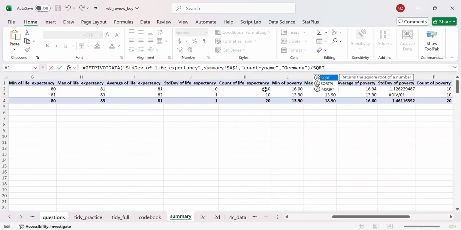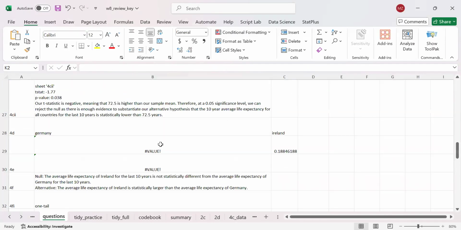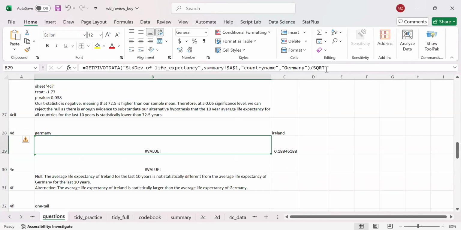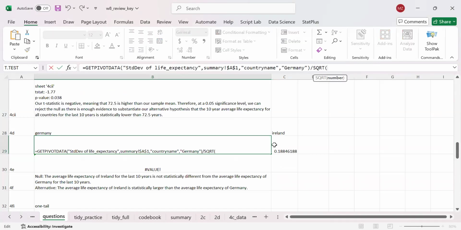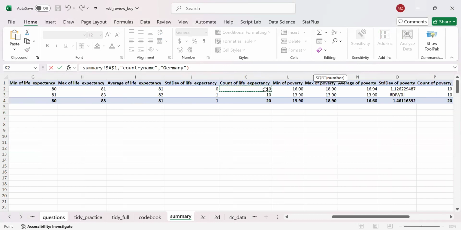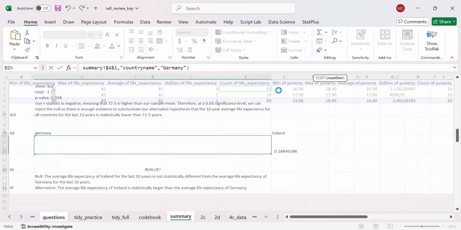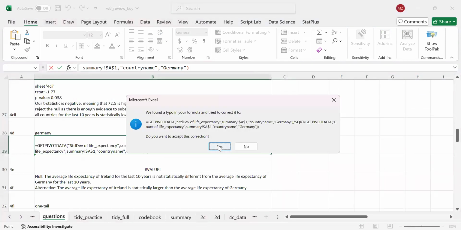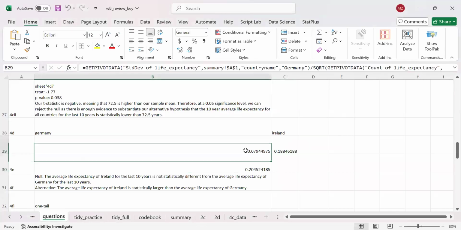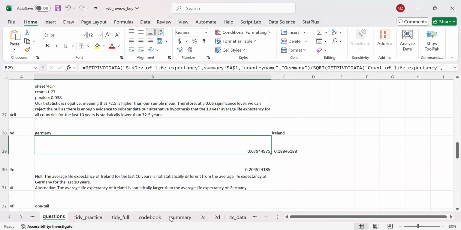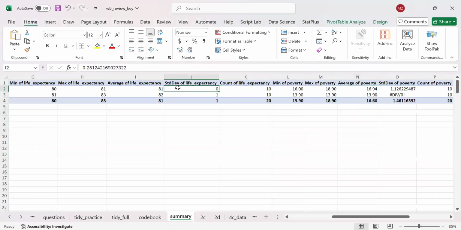So here's the total count. And this is not exactly zero, it's rounded. So this is the exact standard deviation.